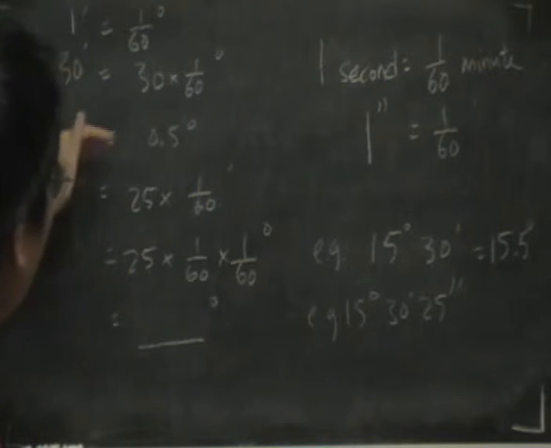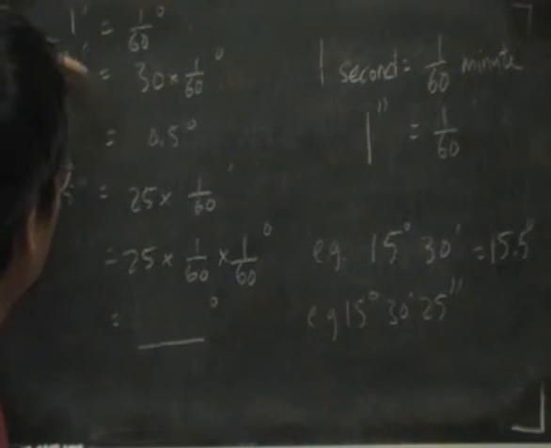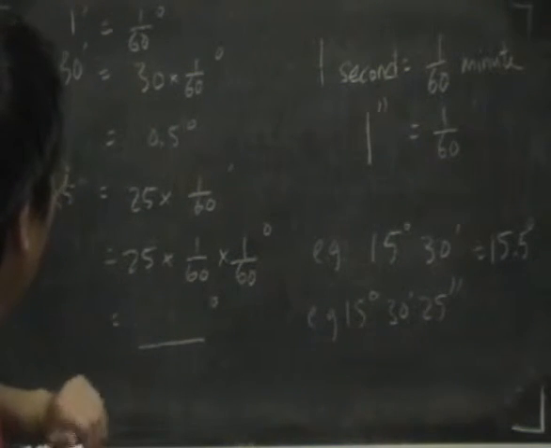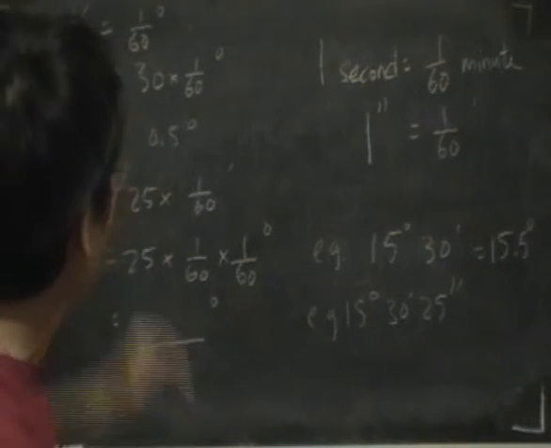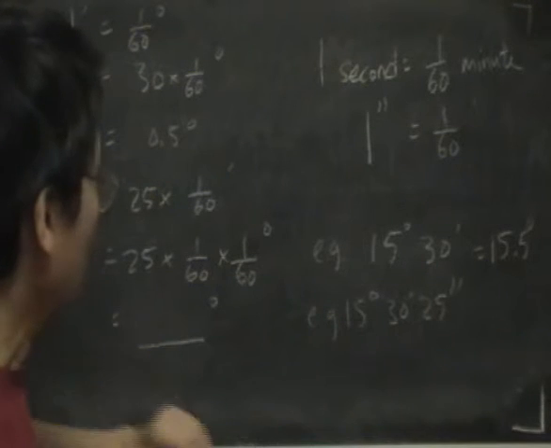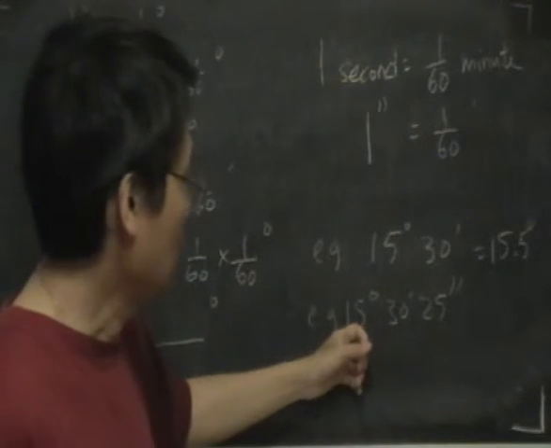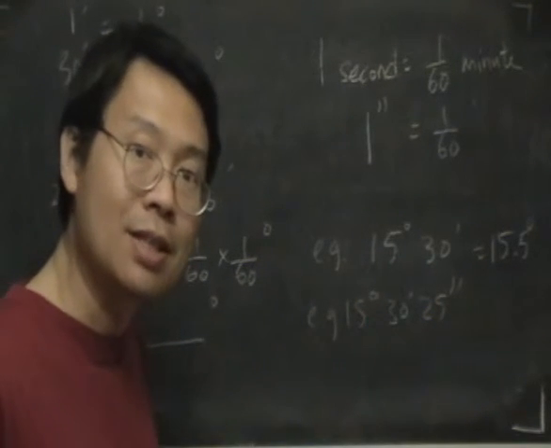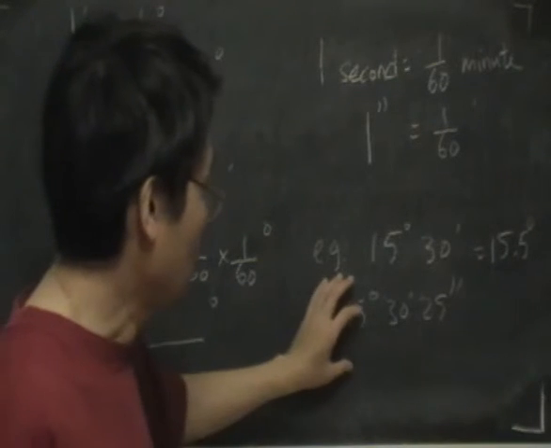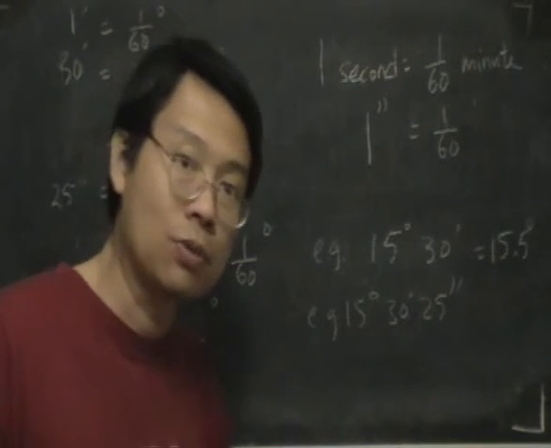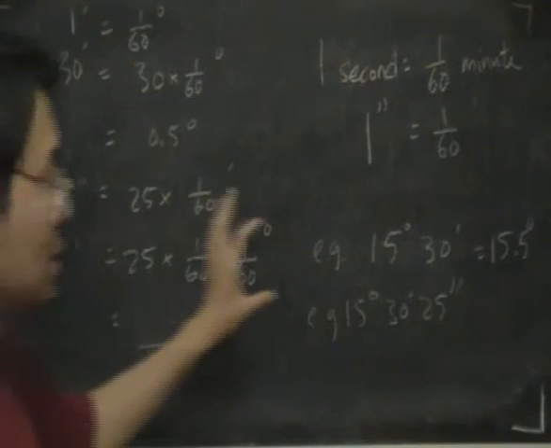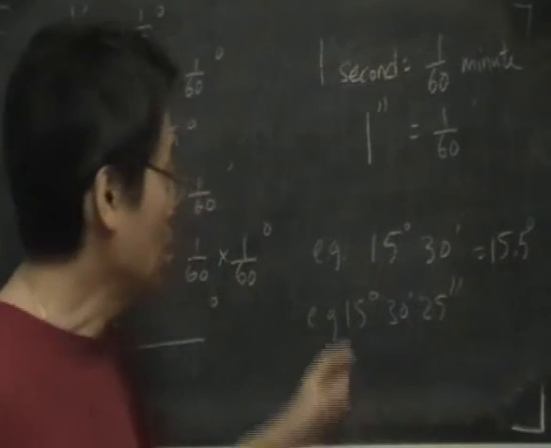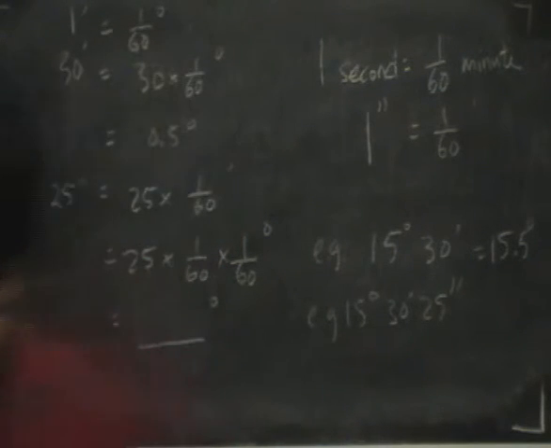So with this you have a decimal for the 30 minutes, a decimal for the 25 seconds, and you can add this up to give you this in decimal of degrees. So that's how we can relate seconds and minutes of angles to degrees.